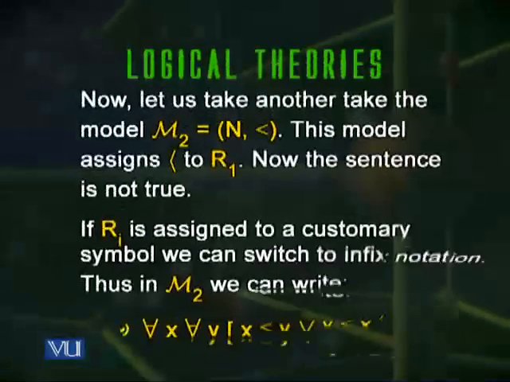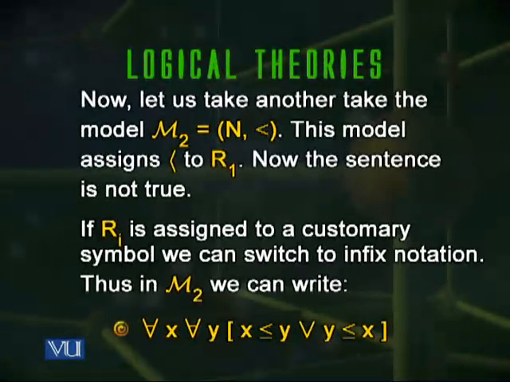So R1 xy means x is strictly less than y. Well, then what does this sentence say? It says for all x and for all y, x is strictly less than y, or y is strictly less than x. Is that sentence true?